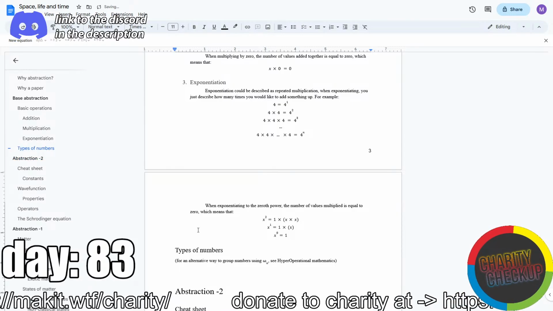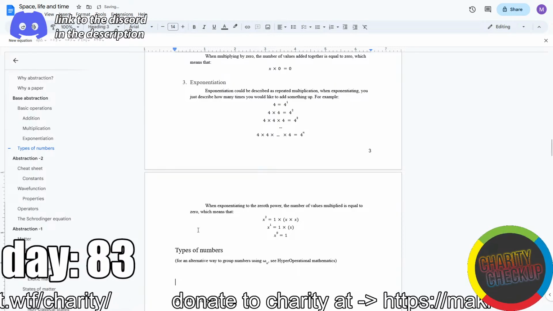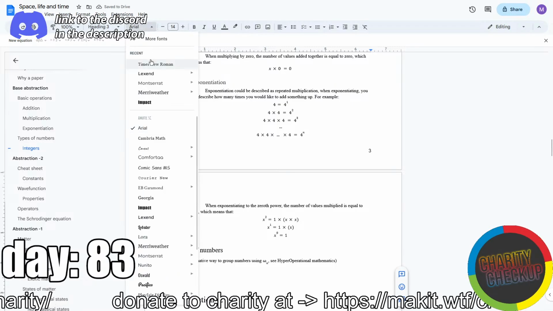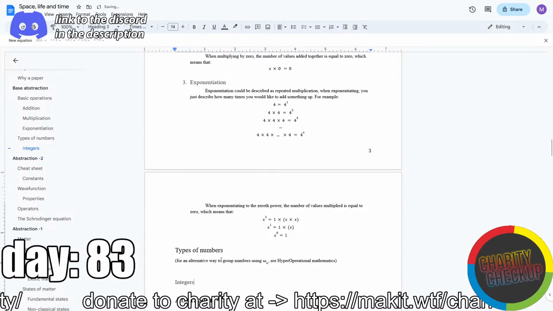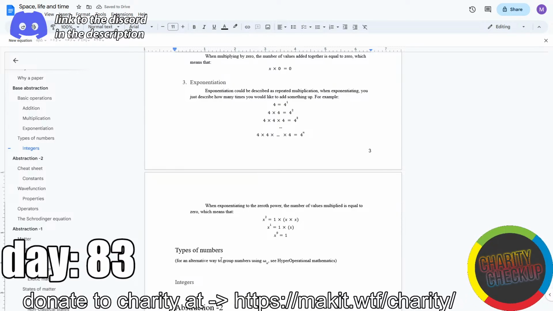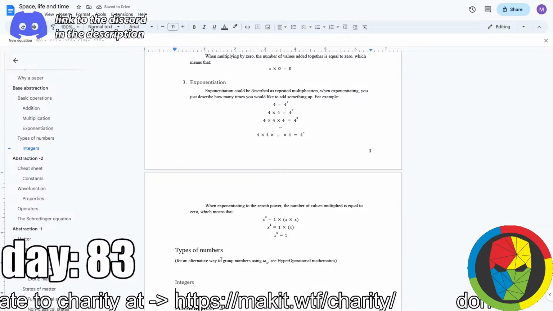Anyway, integers, which would be both positive and negative. Now we'll have, well, actually, positive, negative. We will have to, yeah.